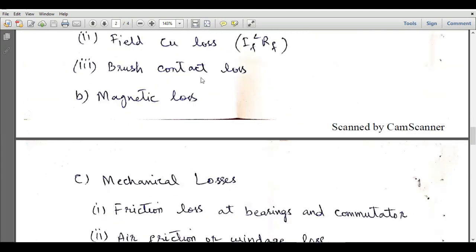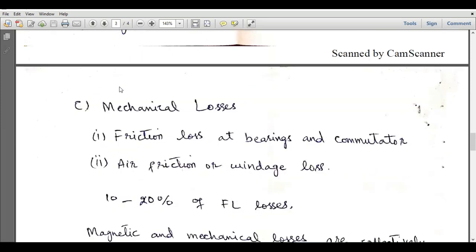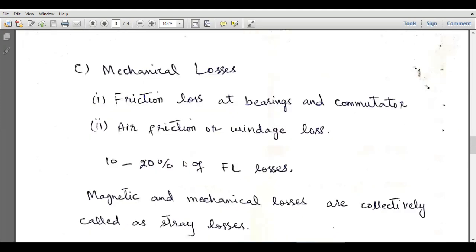Magnetic losses, which we have already discussed, and the third losses are the mechanical losses, and they occur due to the friction losses at the bearings and the commutator, air friction or windage loss, right? So they are called mechanical losses, and they are 10 to 20% of the full load losses. Magnetic losses and mechanical losses are collectively called stray losses.